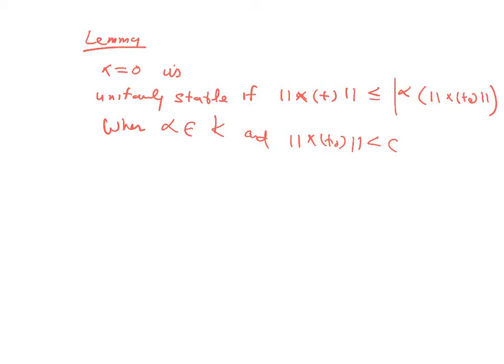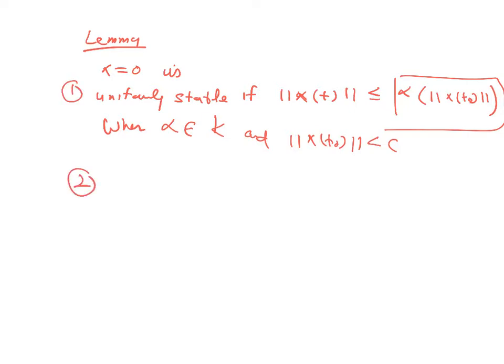So this means there is a bound. I can always find a bound. Of course, that bound is increasing in nature. If you increase your x of t0, how far you start from the origin, the bigger you will be away from the origin, so the bigger that bound will be. So you can give this definition for uniform stability.